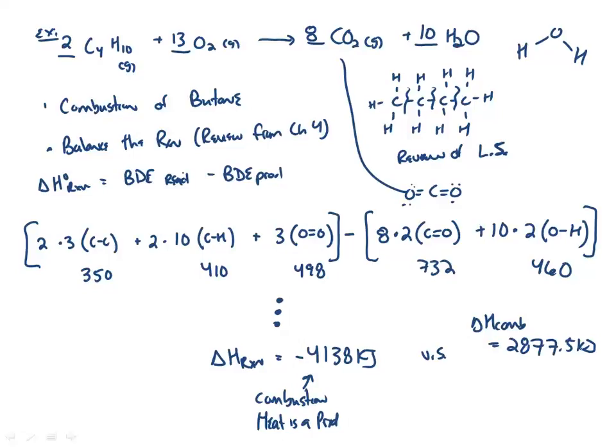So our answer seems very far off until we realize that the value in the book is reported per 1 mole, but our value is for 2 moles of C4H10, and so if we divide our value in half, we get 2069 kilojoules per mole.